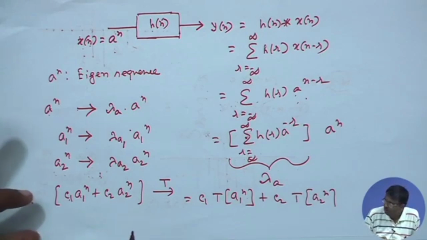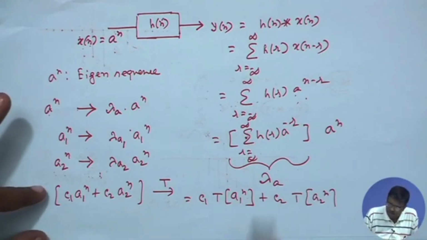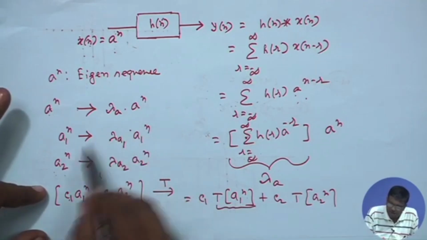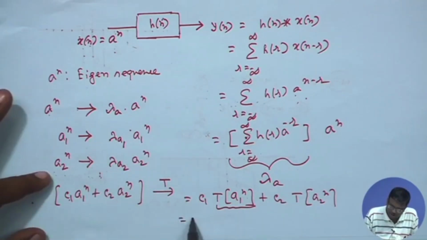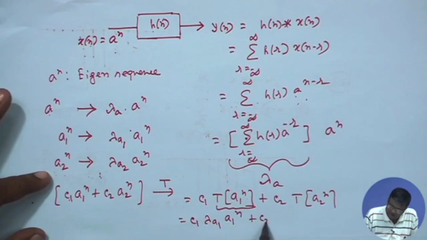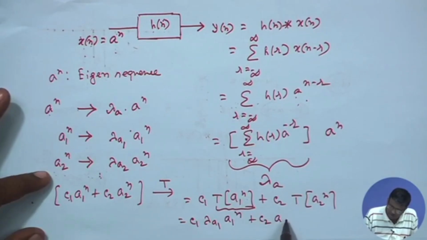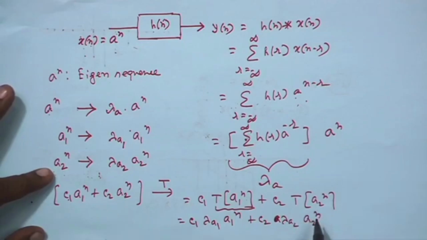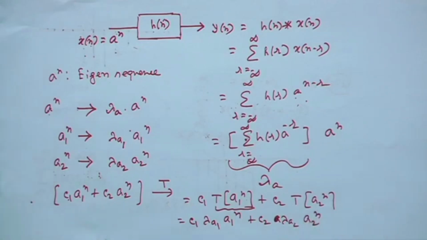I know what this response is, because this is an eigen function. So I can directly write c1 lambda a1 times a1 to the power n plus c2 lambda a2 times a2 to the power n. This is a big advantage.